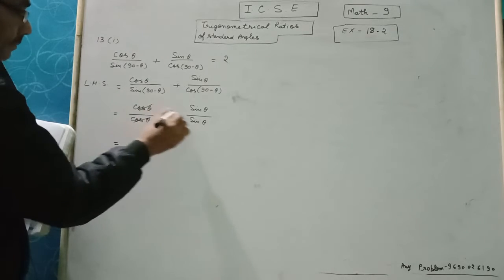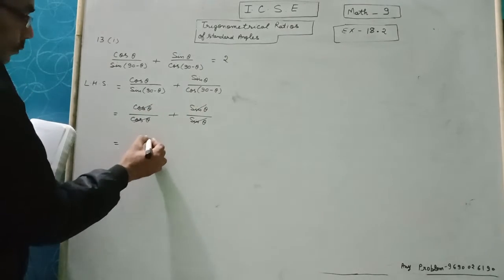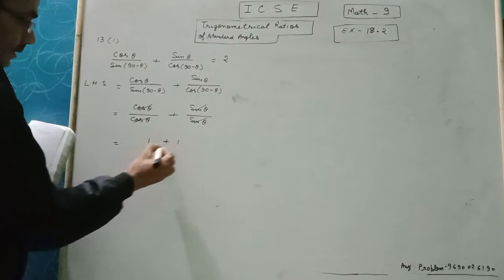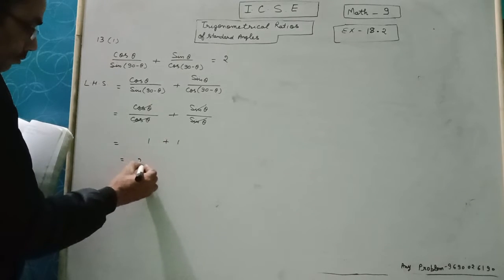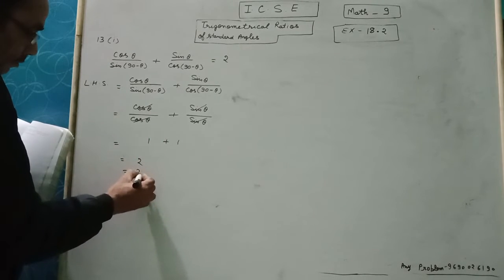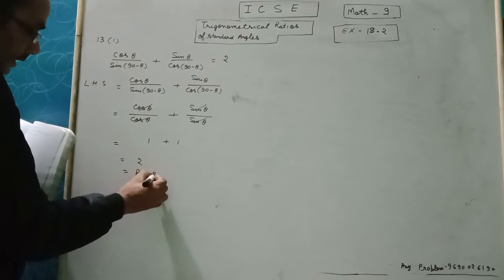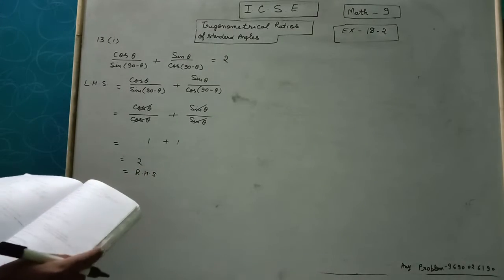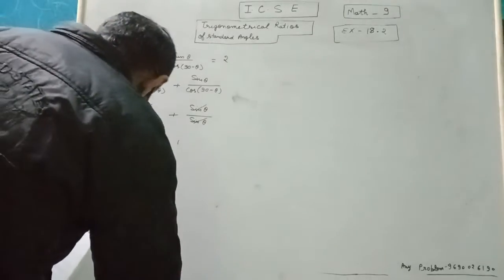Divided by the same, 1 plus 1 is equal to 2, which is equal to the RHS. First part is complete.